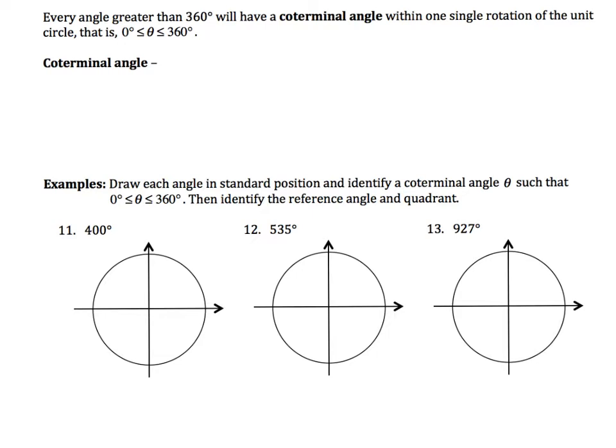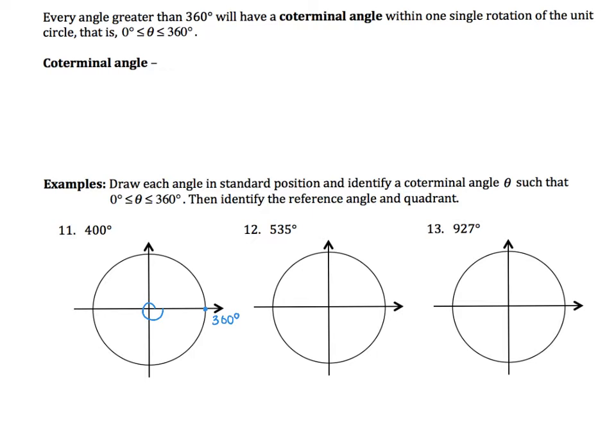So, 400 degrees. That is larger than 360. So clearly, I've gone around one full time, right? So that gets me to 360 degrees. And then how much extra did I go? Well, let's see. 400 minus 360. You can't see this, but I'm doing this on my calculator.